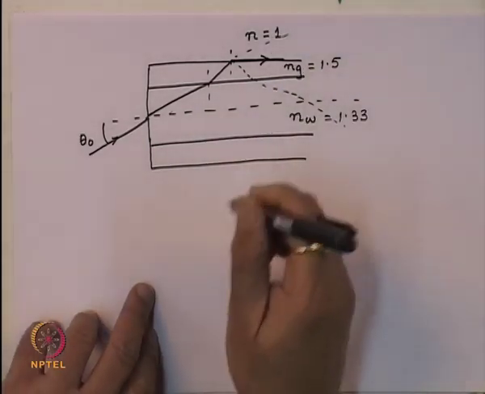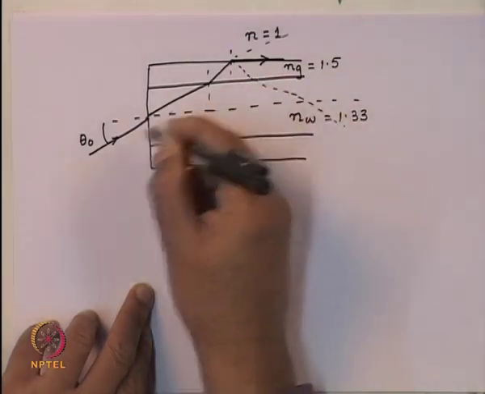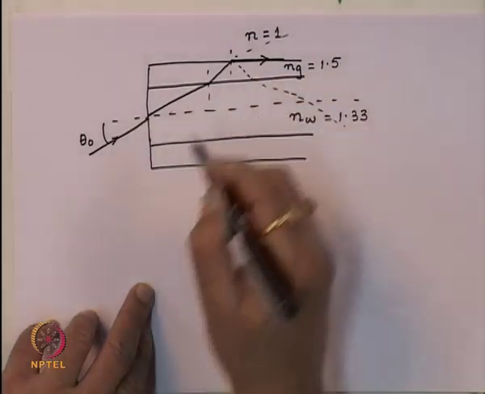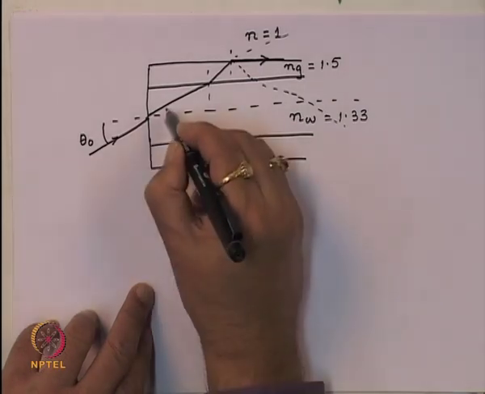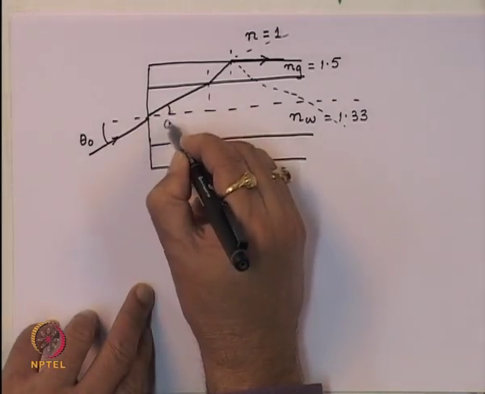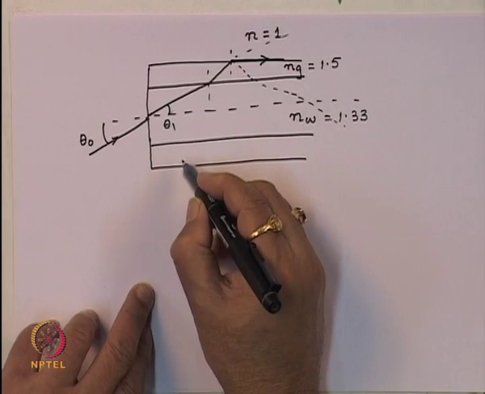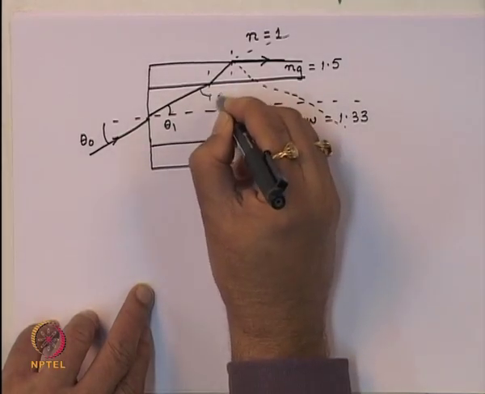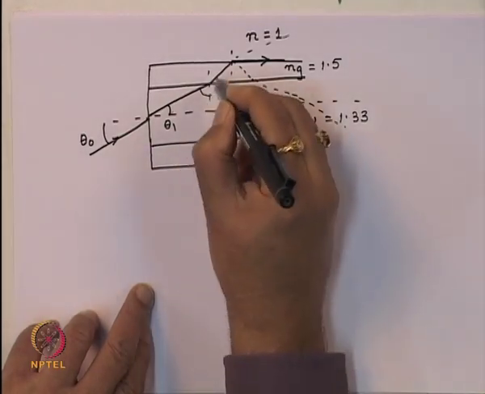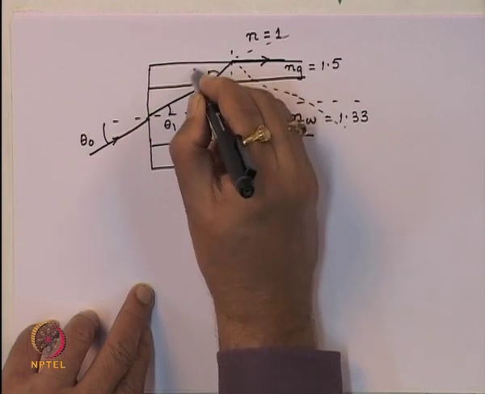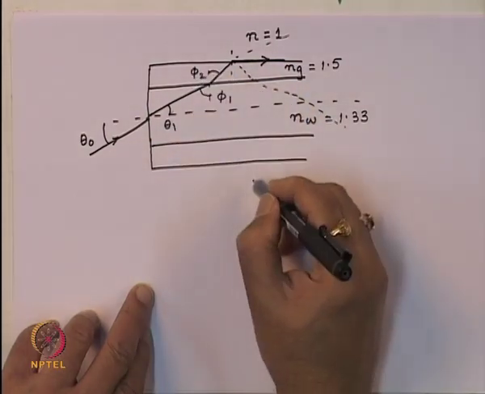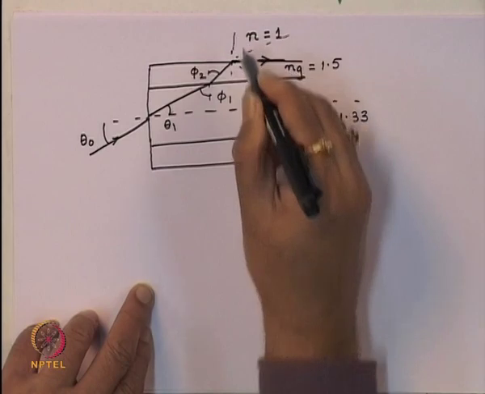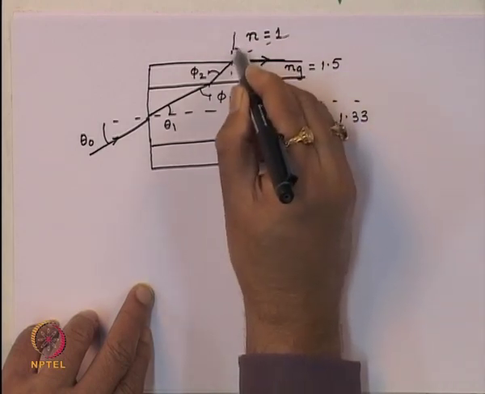Now, it is a simple Snell's law application on the different interfaces. So, first of all, let us say this angle is theta 1, this angle is phi 1, this angle is phi 2, and this angle, since this ray is going along the interface, is 90 degrees.